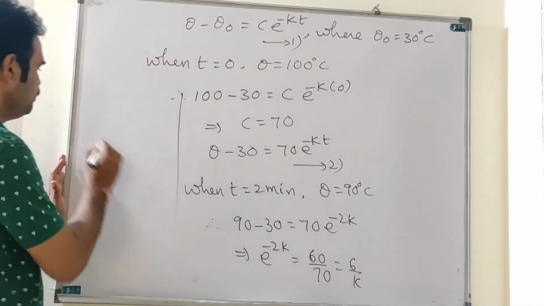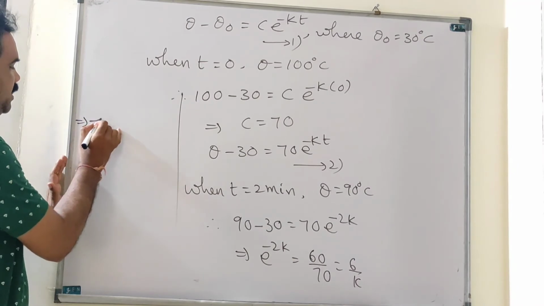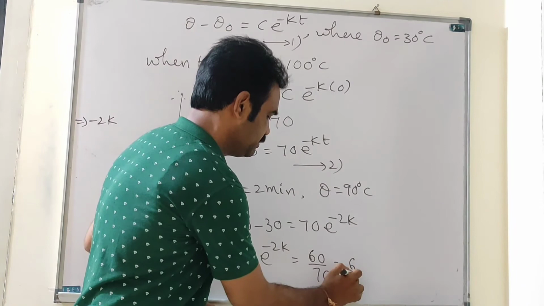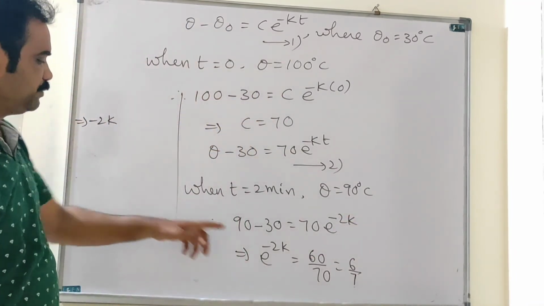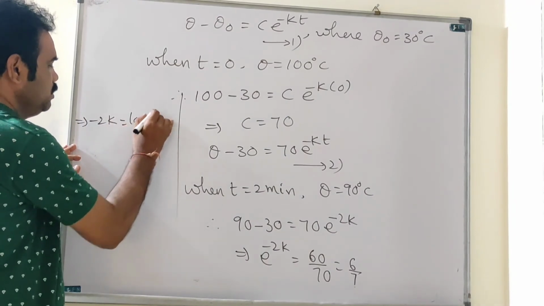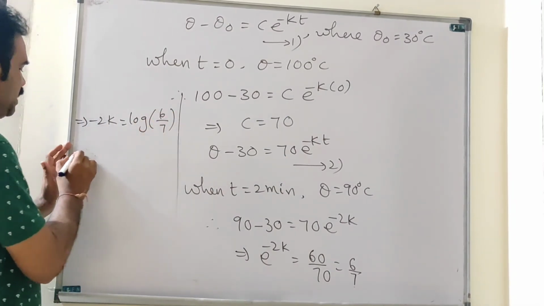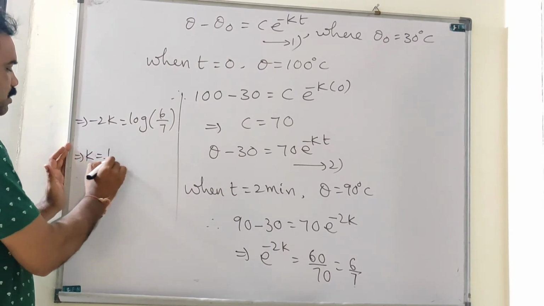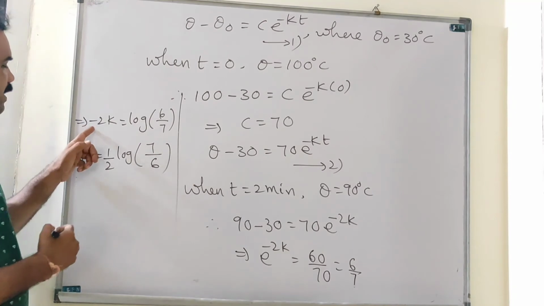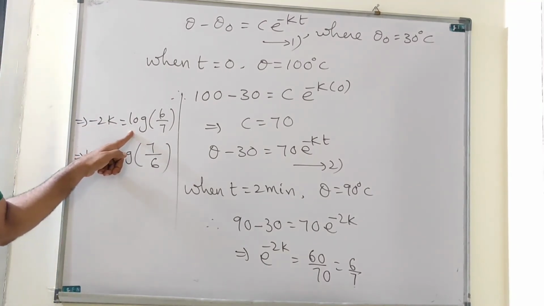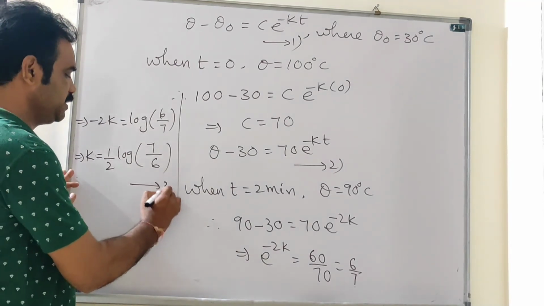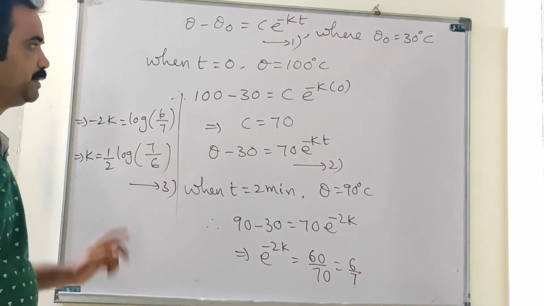Therefore minus 2k equals log 6 by 7, which implies k equals 1 by 2 log 7 by 6. Let it be equation 3. This is the value of k.